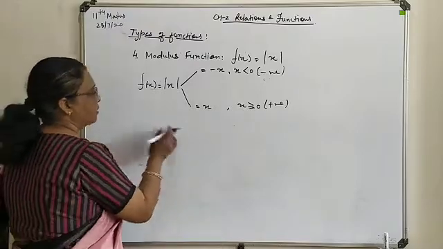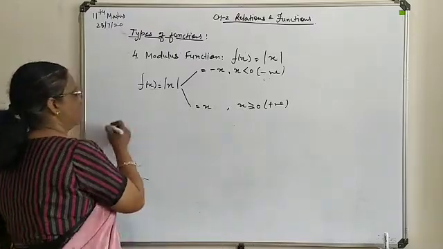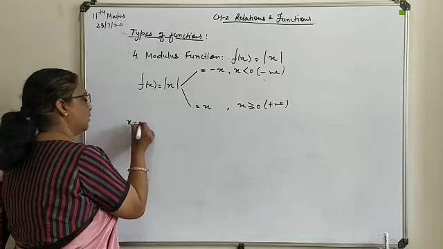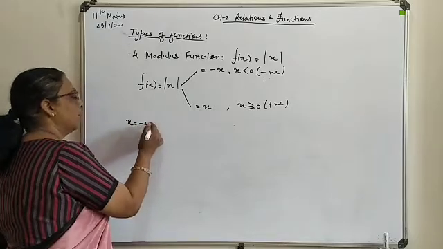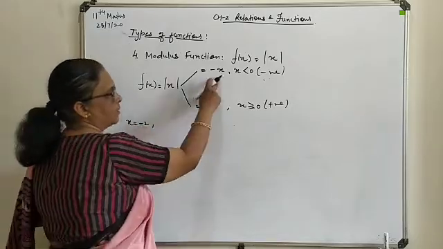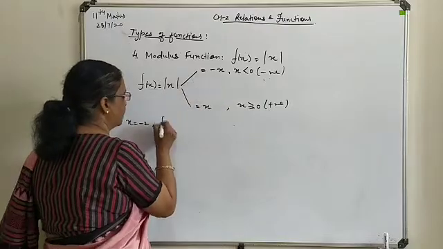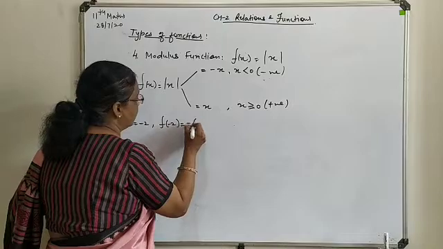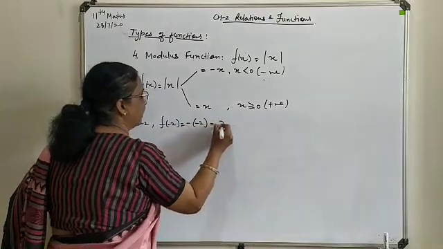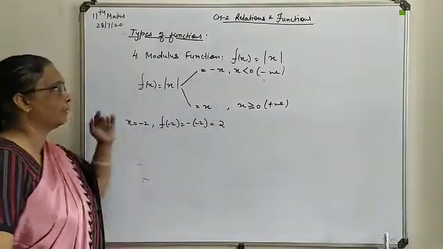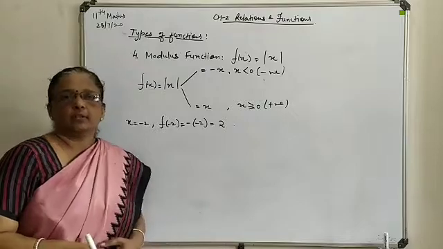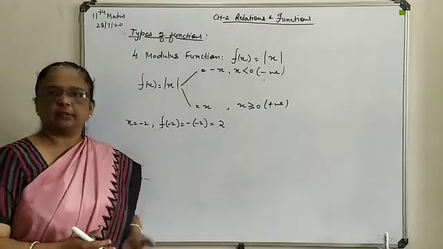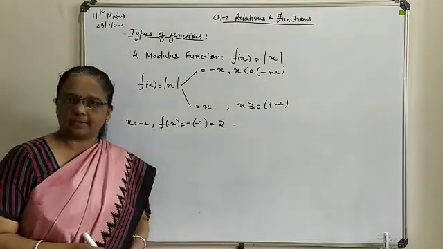Now we take some negative and some positive values. Suppose we take x equal to minus 2. It is less than 0, so here this function will work. f of minus 2 means minus x we have to write, minus of minus 2, that way it turns to positive. We normally say that on taking the modulus value of x, you will definitely get a final answer as a plus.